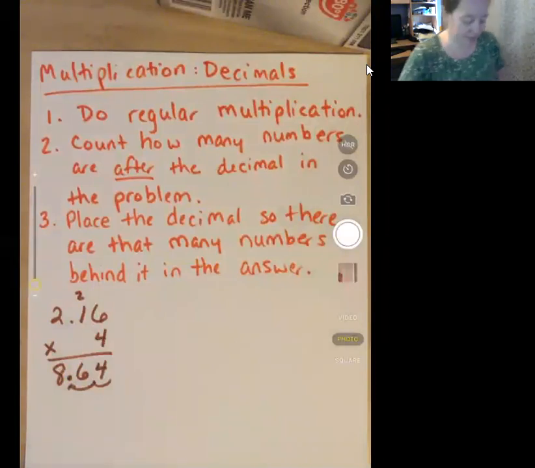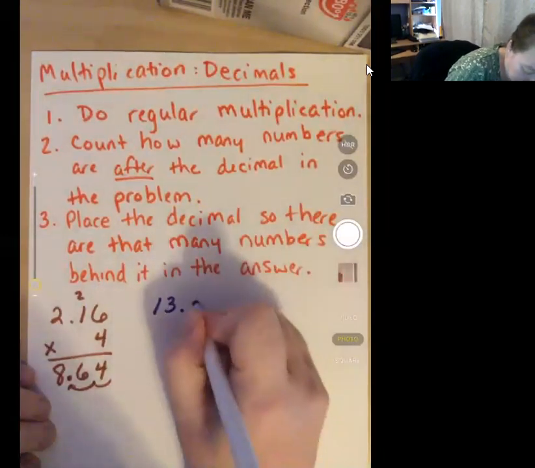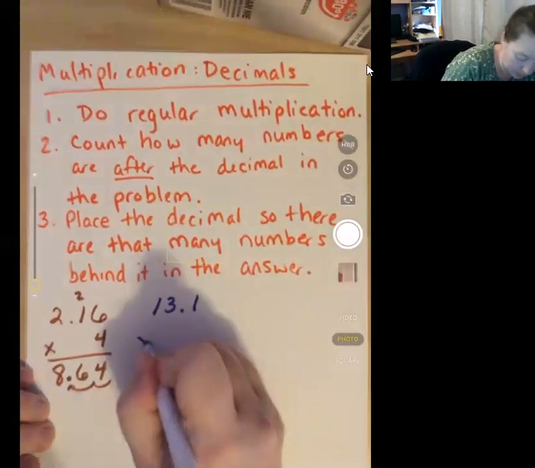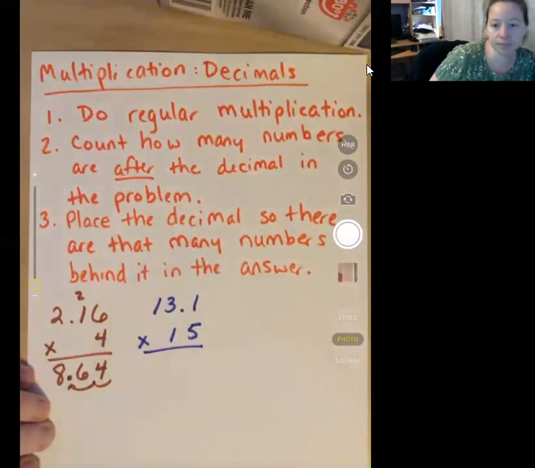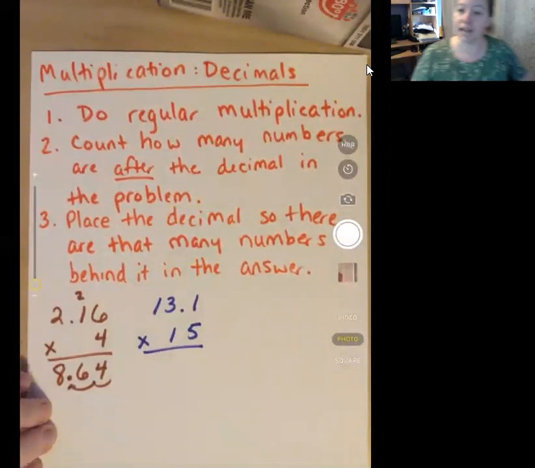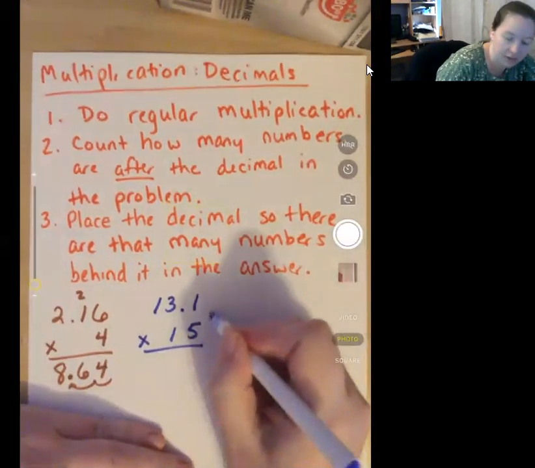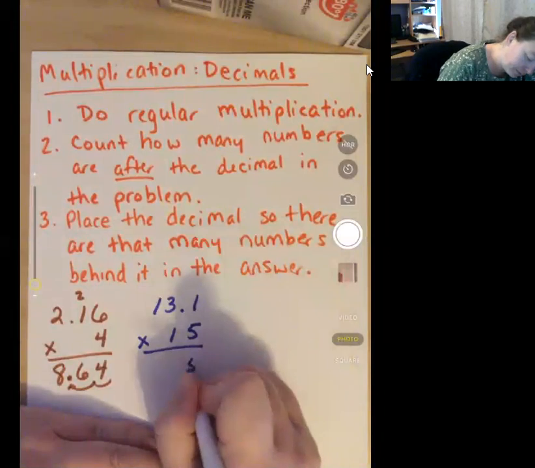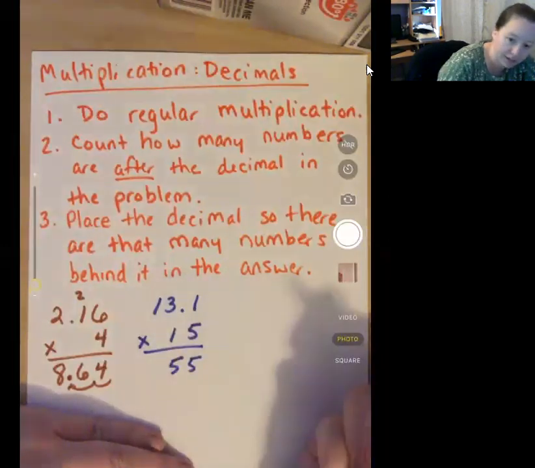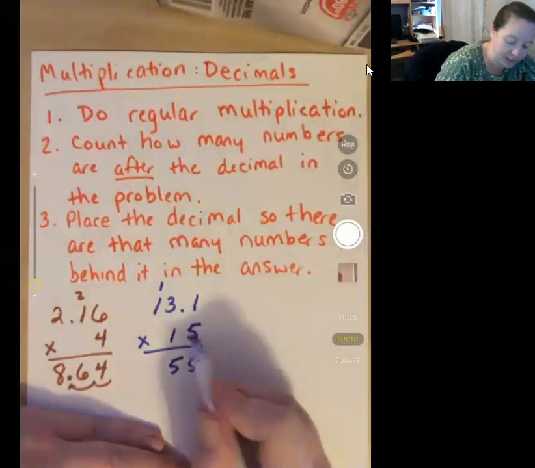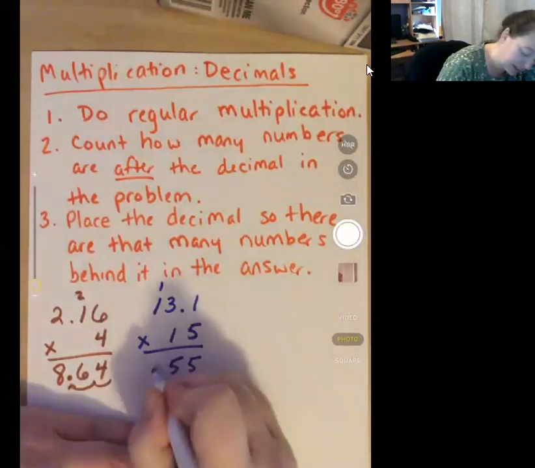If I have 13 and 1/10 times 15. Okay. Now I have two numbers on the bottom that I'm dealing with. 5 times 1 is 5. 5 times 3 is 15. Put the 5 there, carry the 1. 5 times 1 is 5 plus 1, 6.